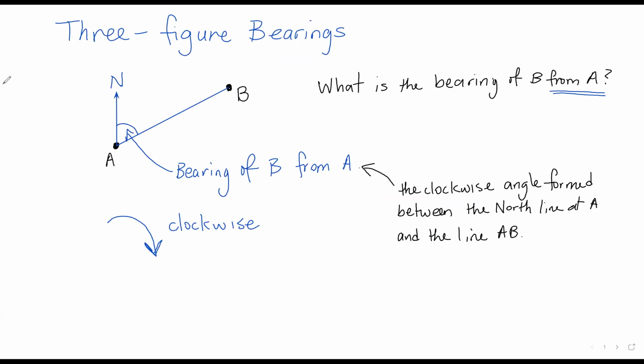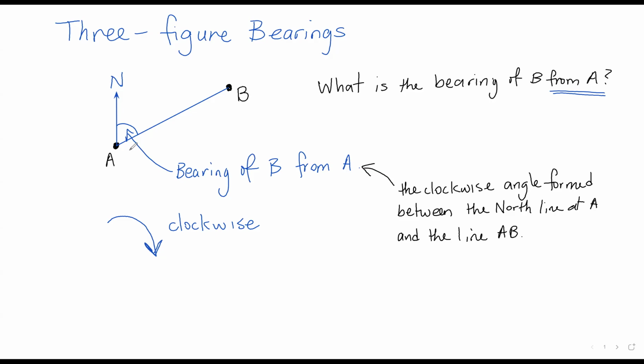So let's go back. In three-figure bearings, let's say you want to know the bearing of B from A. Bearings basically describe the direction in which one point lies relative to another. So here, if you have this point A and this point B, and I want to know the bearing of B from A, because it's from A, it means you're starting at A, and that's where you'll put your north line.